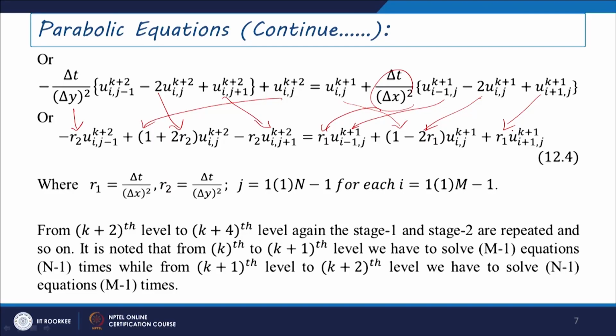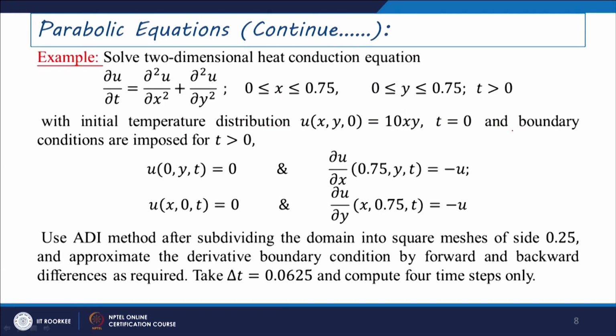Likewise we can proceed for different time steps. Let us consider this example of the 2-dimensional heat conduction equation, in the form del u by del t equals del square u by del x square plus del square u by del y square, where x lies between 0 and 0.75 and y lies between 0 and 0.75, for each t greater than 0.